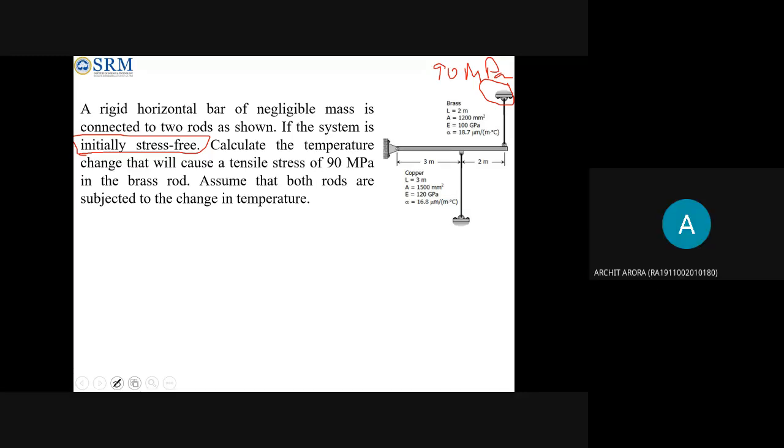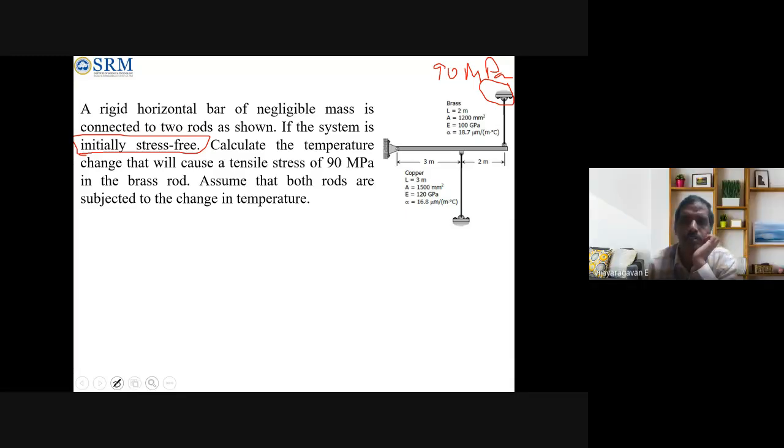Sir, it is equal to 1 Newton per mm square only, sir. Yes. So megapascal and newton per mm square are same.